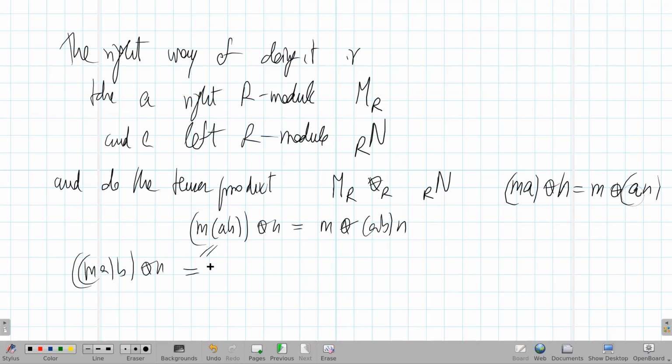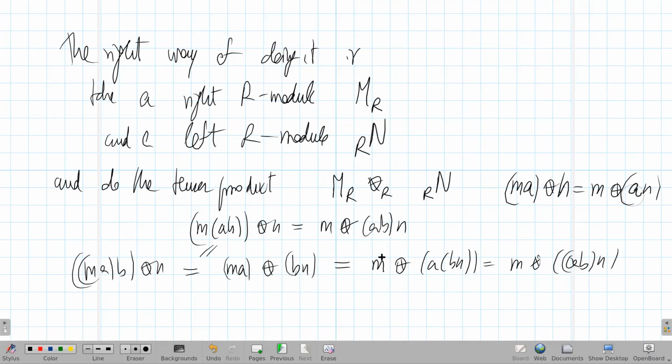Say, now you take the B to the other side, okay? But the B will be on the left, because this is the left module. Now you take the A to the other side, but it will be on the left. And then this will be N tensor AB N, which is exactly what we have here, except that I have extra parentheses here. I can safely erase. Okay, so now it works.